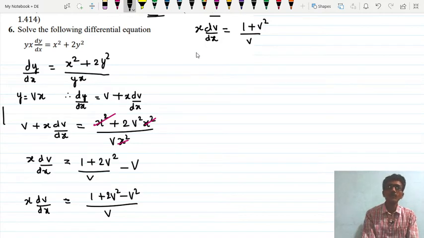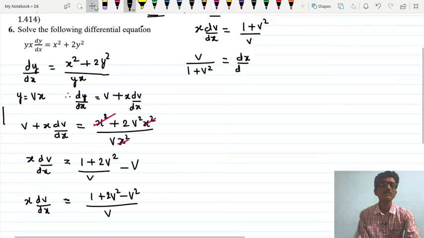Variable separable form, that is v upon (1 plus v square) dv is equal to dx upon x.